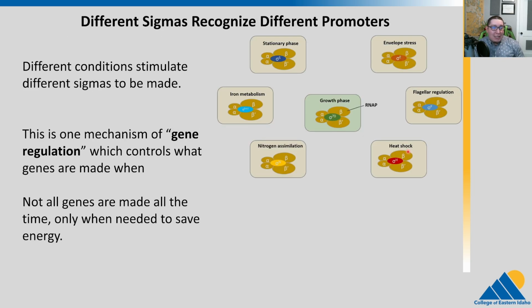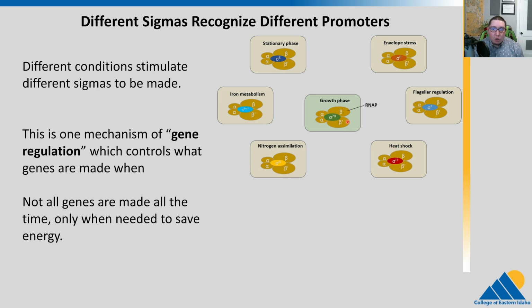But different genes get turned on at different times. So there are actually many different sigma factors that are found in bacteria. So there might be a sigma factor that responds to heat stress. Okay, the bacteria gets heated up and it needs to express certain genes to deal with that. Or the bacteria needs to start dividing.